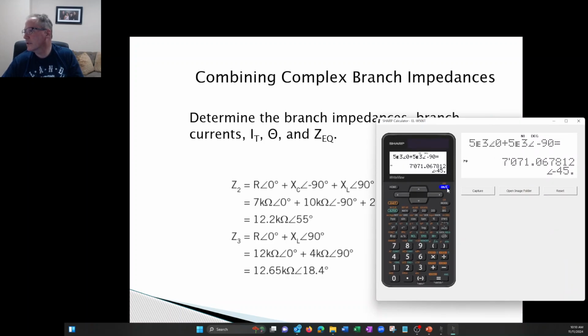So let's just do that, so we'll clear. That's going to be 7K. So that's in that second branch, 7K. And you can put the angle on here. If it's 0, you can leave it off. But we're just going to add that plus 10K.